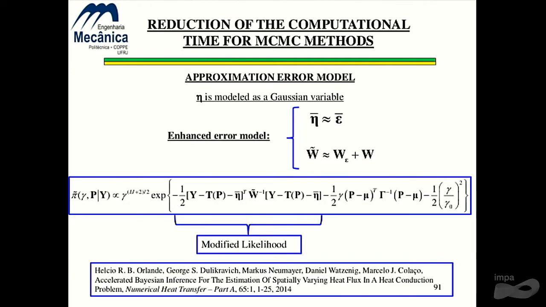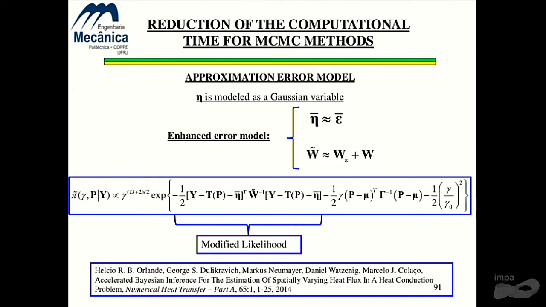Although this is a big simplification, it works very well. And of course, there is a complete error model where this linear dependence is taken into account, which we are not representing here.